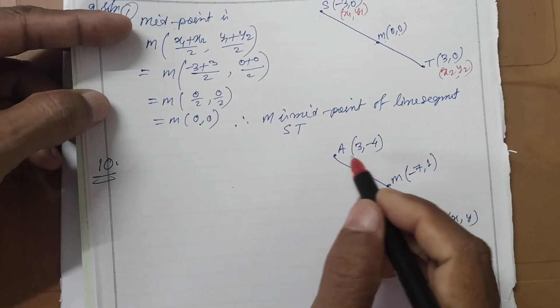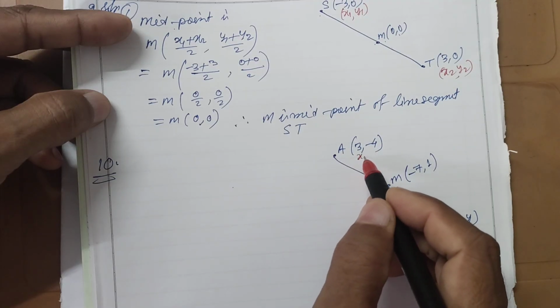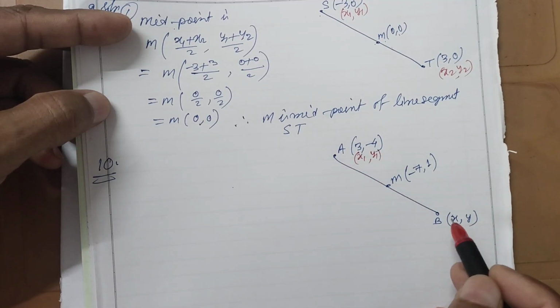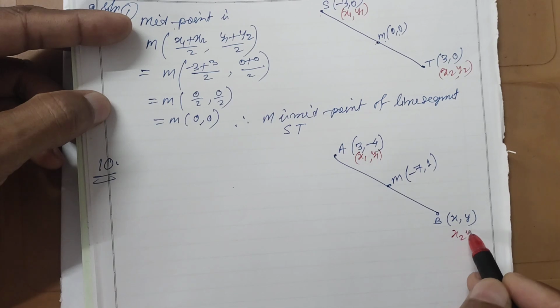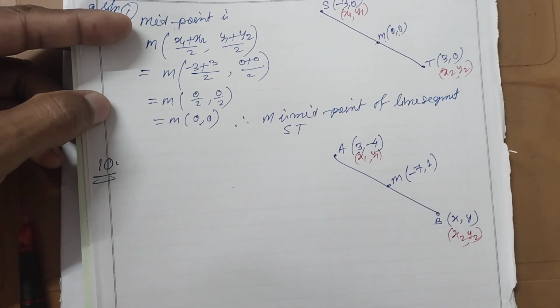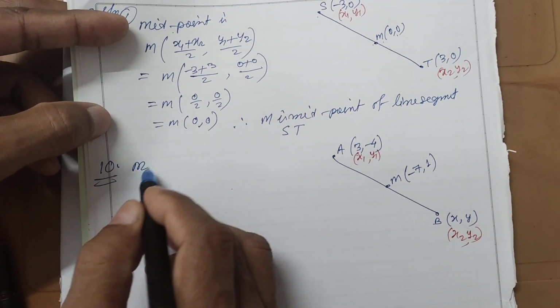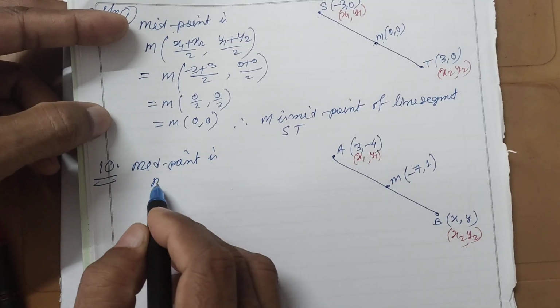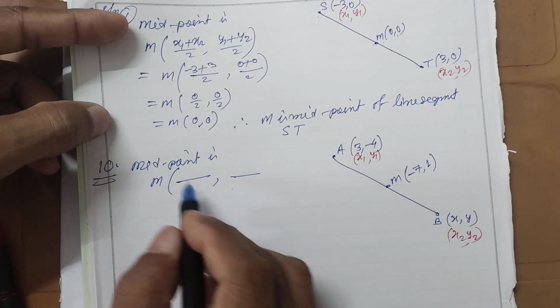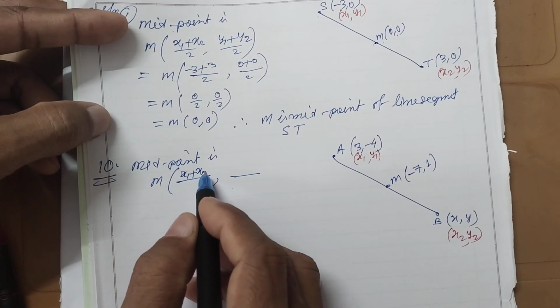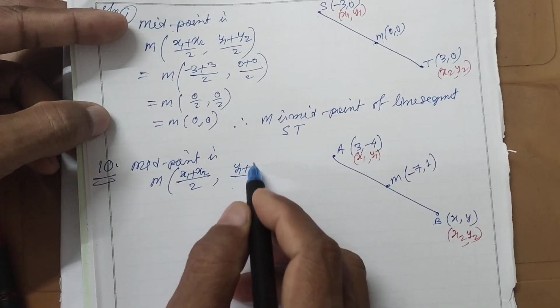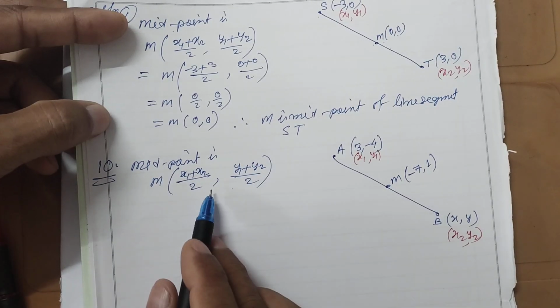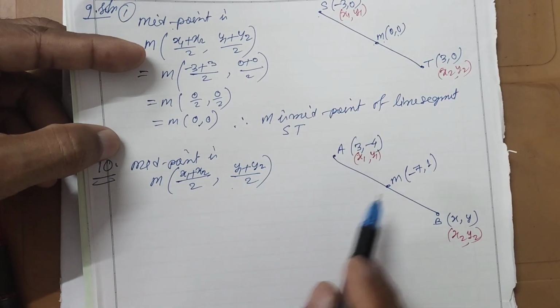Our midpoint formula is: one end point is x1, y1, and the other end point is x2, y2, and the midpoint M is given by (x1 plus x2) divided by 2, (y1 plus y2) divided by 2. This is the formula to find the midpoint.